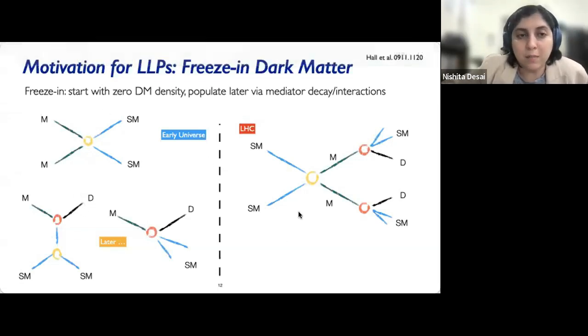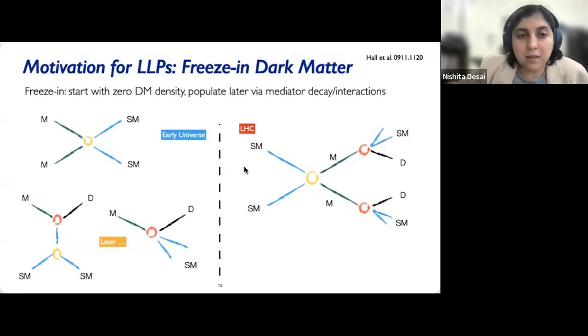Okay, so this is the freeze-in mechanism. And again, since you have this extra particle with standard model charges, you can produce it directly. And again, because the coupling scales where this works are very, very tiny, you have long-lived mediators, which decay into multiple particles at the end.